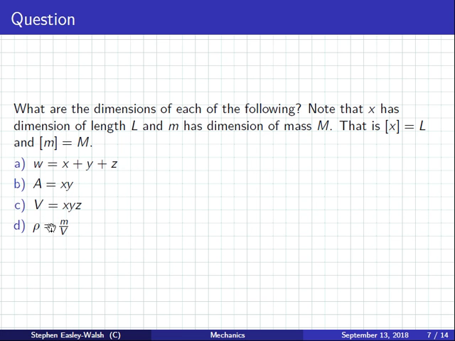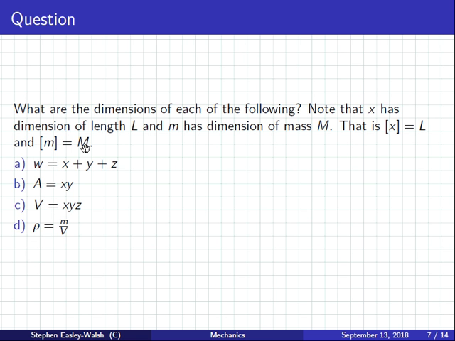Okay, lastly, this one. What's the dimension here? This is density, yeah? And what's its dimension? What is the dimension of M?